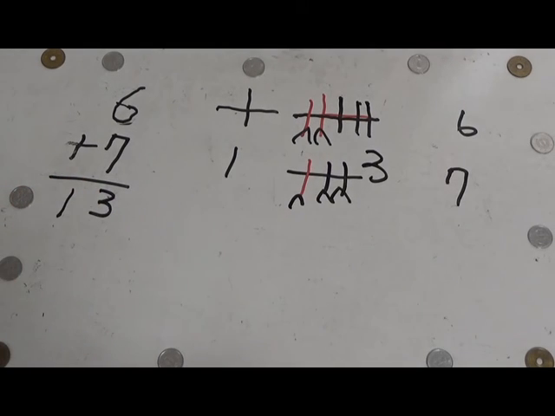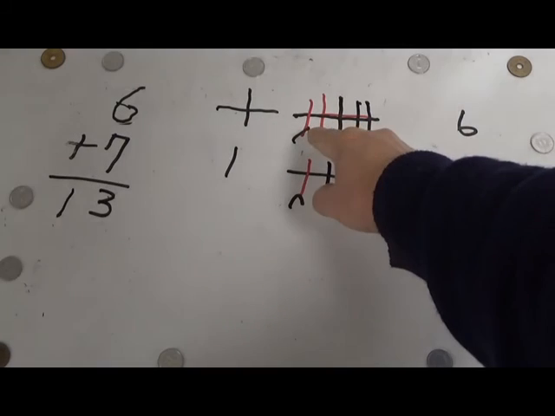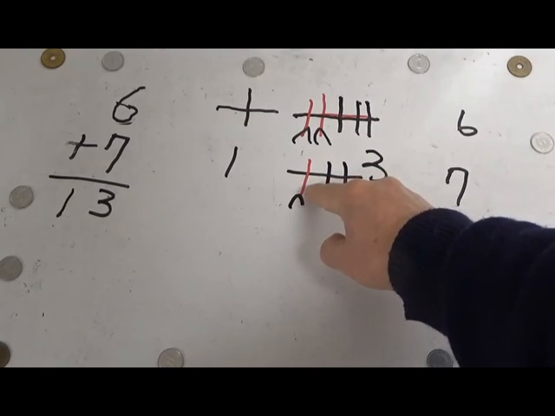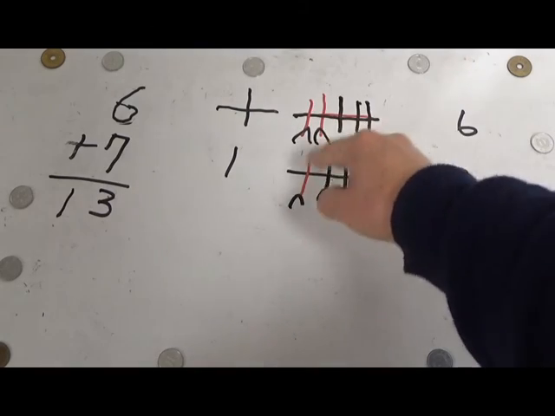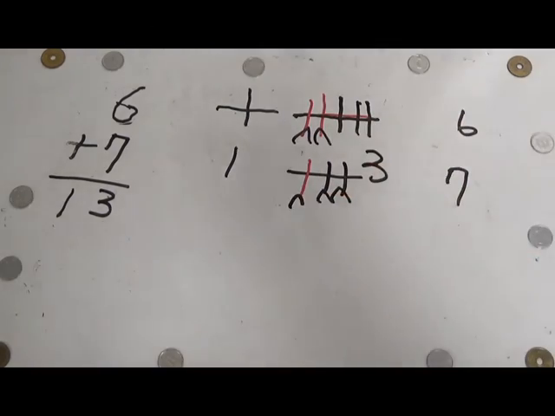That is 13. So it is easier than writing 6 lines and 7 lines and joining them. Instead, I have introduced a red line showing 5 lines.